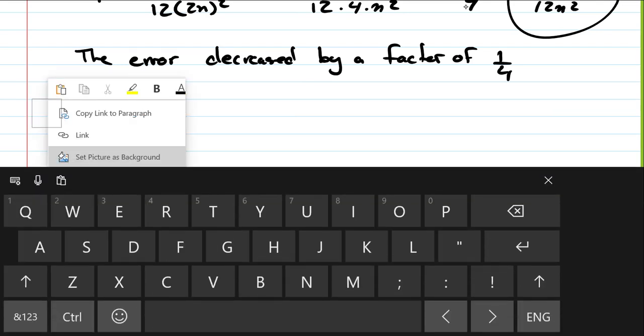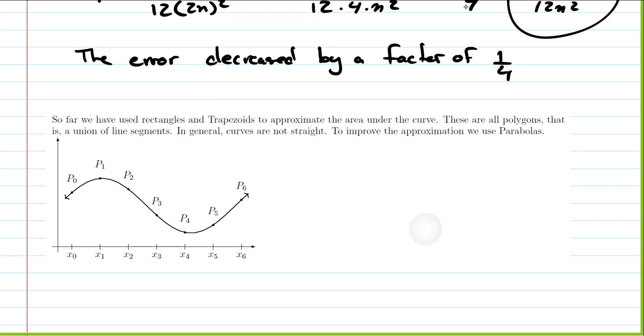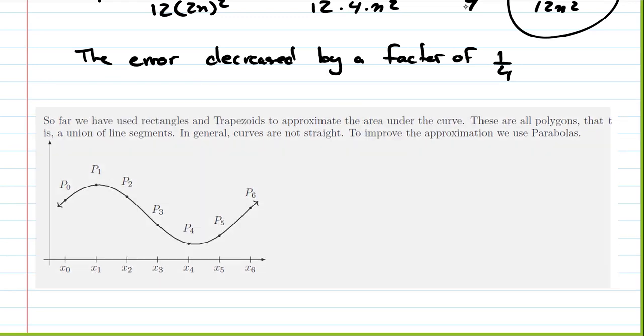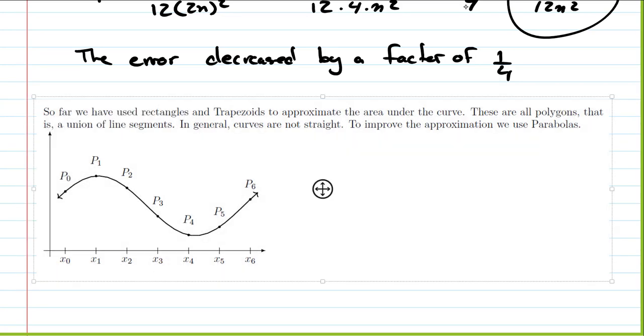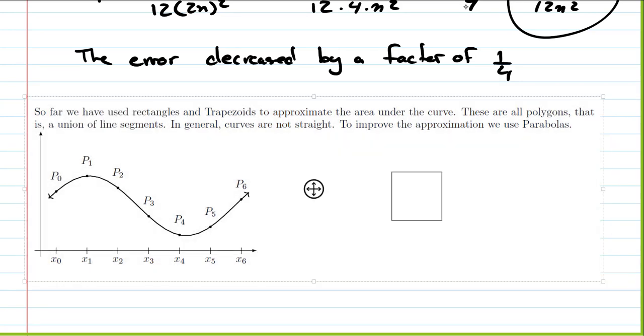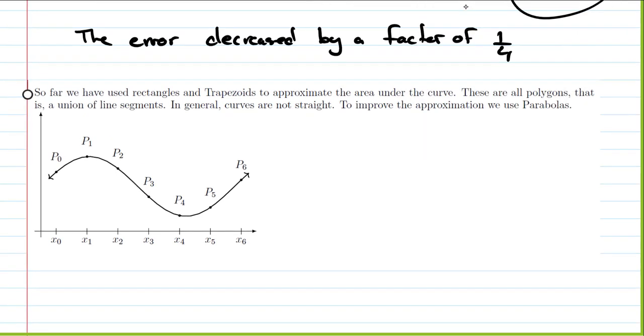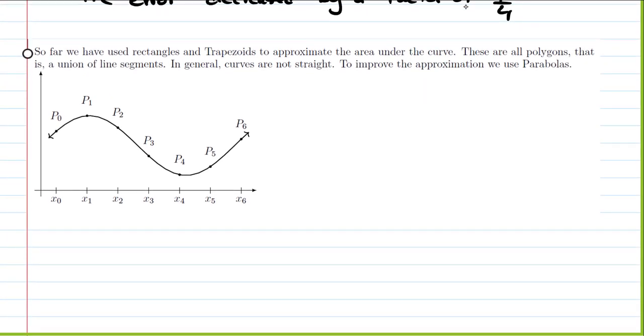But what if we do some tighter, better curve fitting? So what if instead of trying to connect the points with straight line segments, what if we pick the points 3 at a time, because 3 points will uniquely determine a parabola as long as they're not collinear.